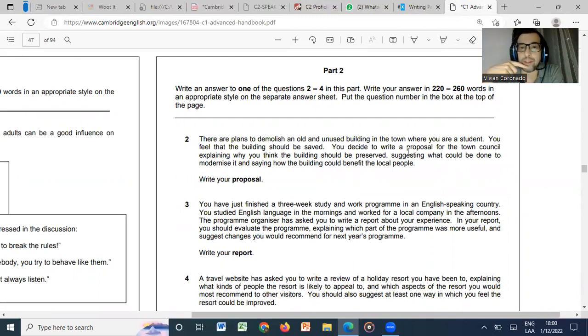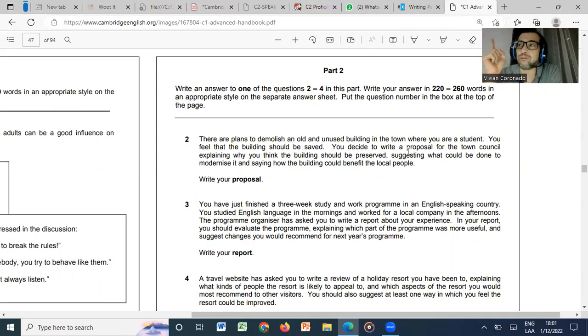You feel that the building should be saved. You decide to write a proposal for the town council explaining why you think the building should be preserved, suggesting what could be done to modernize it and saying how the building could benefit the local people.